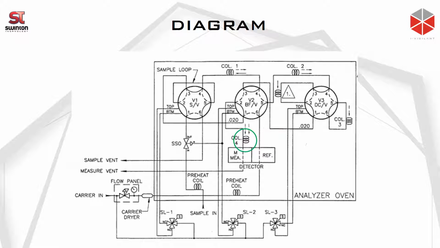The next one we have is column 4. The reason why we have this column 4 is to delay the measurement of the gas. Basically, all the gases will go through column 4, but in particular the heavy end. What happens here is that the heavy end will go out shortly after we actuate valve 2. But every time we actuate a valve, we have what we call a valve upset. So in the chromatogram, we will see a dip on the baseline, and it will then go up after that.